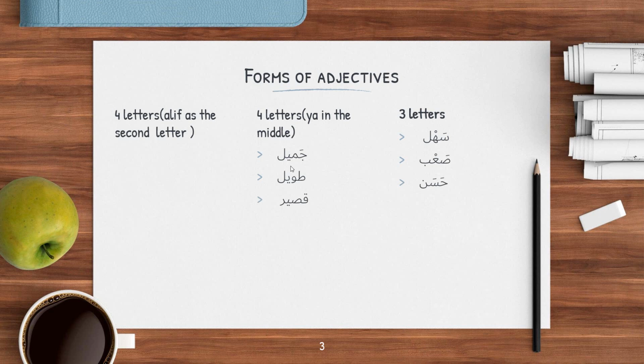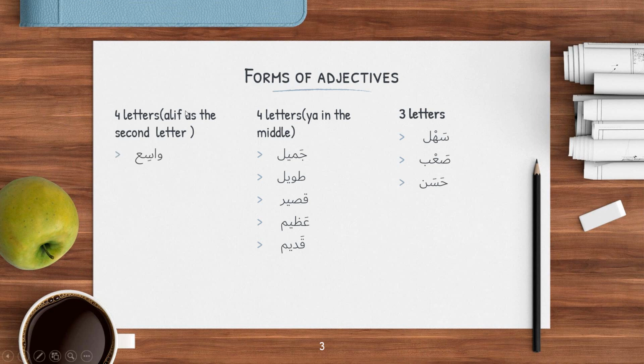And we have قصير, which is short. عظيم, which is great. And قديم, which is old. And that will be it for this group.